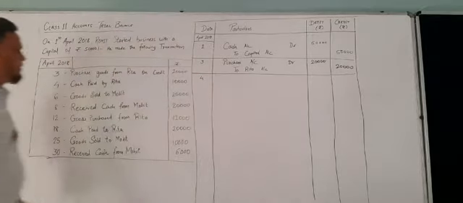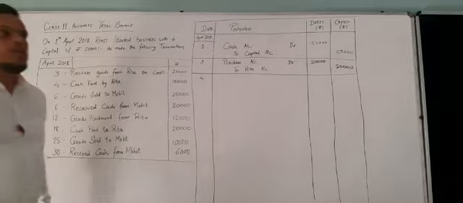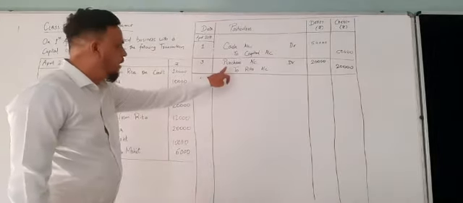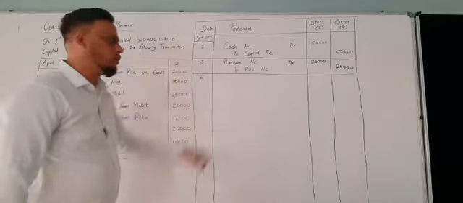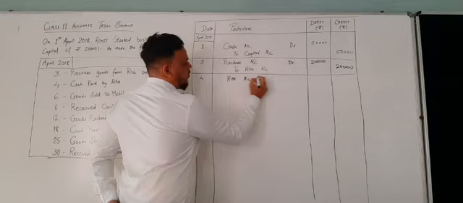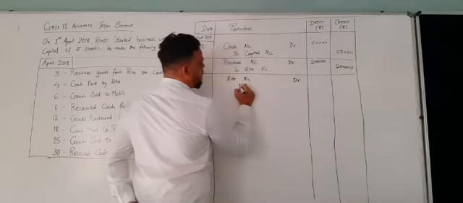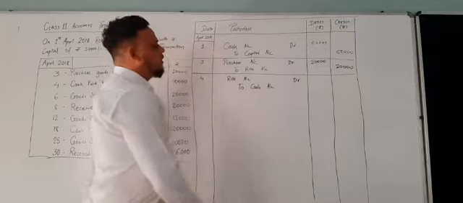Now, April 4, it has been said that cash paid by Rita. Rita has paid you cash. If cash comes, you have to make that credit part come into debit. So I am writing here Rita account debit to cash account.